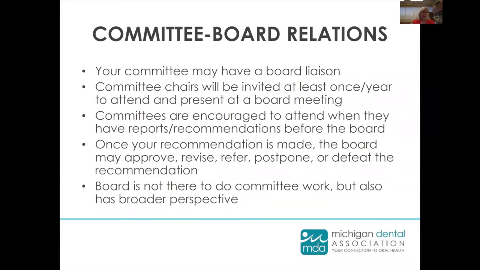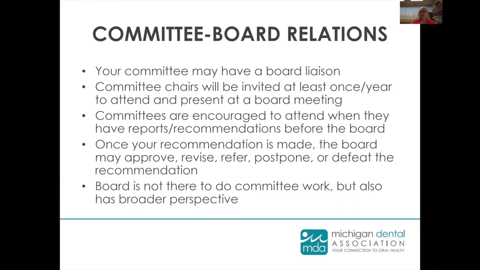As committee chairs and committee members, you may be future board members. You may be current delegates or future delegates. The more exposure that everyone has to each other, the more we'll feel like we're pulling together. So that's one of the reasons why the committee chairs are invited to present every year at a board meeting.